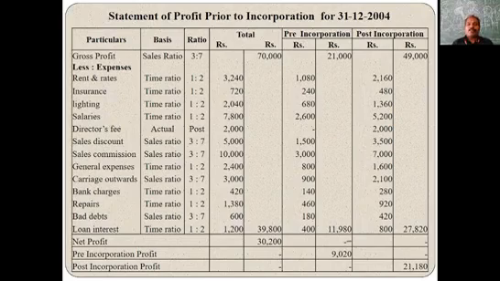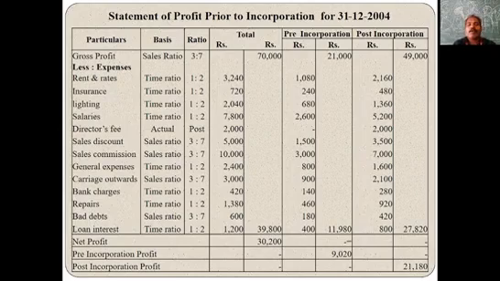There is no incomes available, so we will deduct all the expenses from gross profit. Rent and rates on the basis of time ratio. Time ratio is 1:2. The total amount is 3,240. 3,240 is allocated on the basis of 1:2 for pre and post incorporation. So it should be posted in the inner column of the respective period. So 1,080, 2,160. Then insurance.